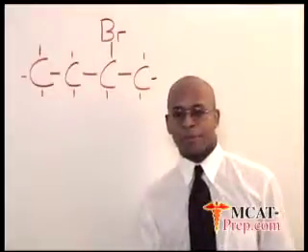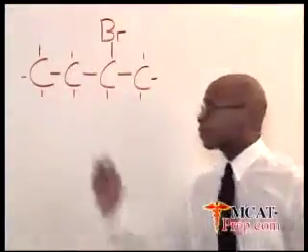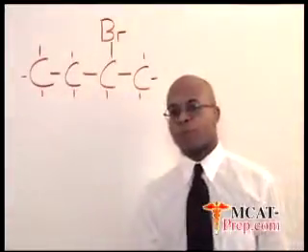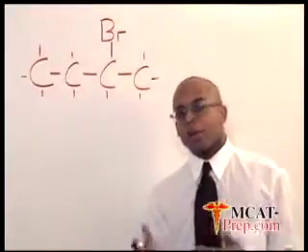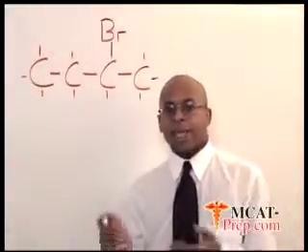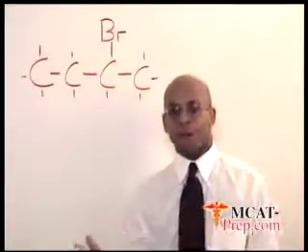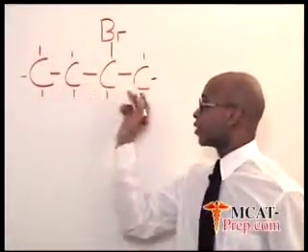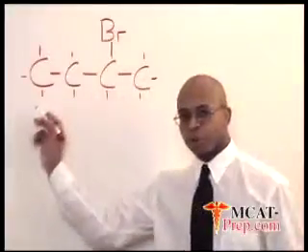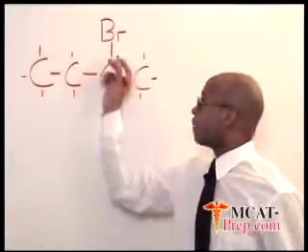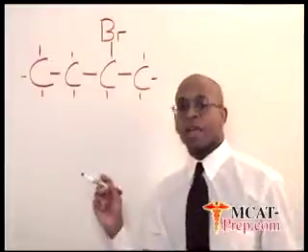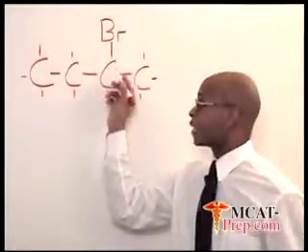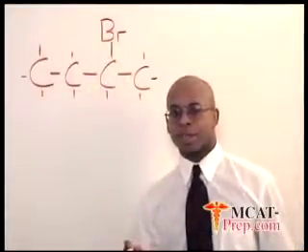For example, let's say that 2-bromobutane was in solution. One of the things that could happen is that 2-bromobutane can dissociate into the 2-butyl component, meaning the Br falls off, so we have Br negative, and then we would have a positive charge at this particular carbon.